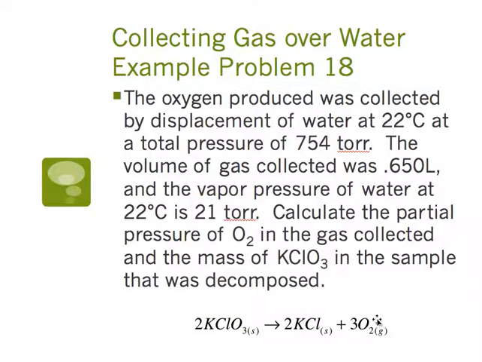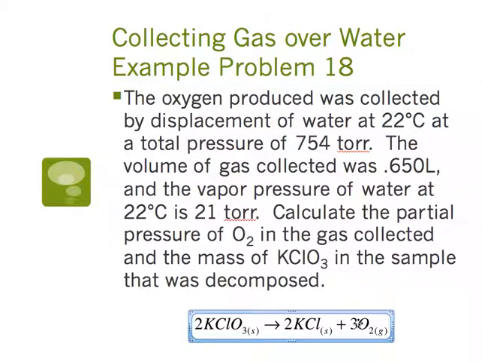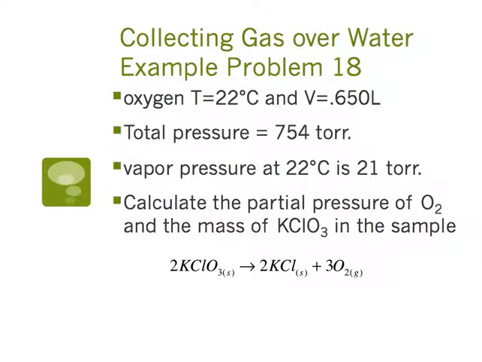So if you imagine, if I know down here in the equation, if I know the volume of the oxygen, I know the pressure once I subtract those two, and I know the temperature, I can find moles of this oxygen. Once I find moles, I can mole ratio into the potassium chlorate and then eventually go to mass. So that's the strategy of this kind of problem.